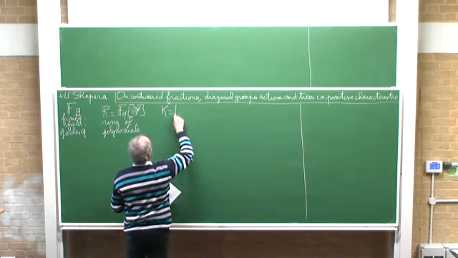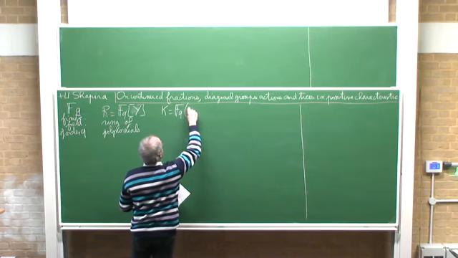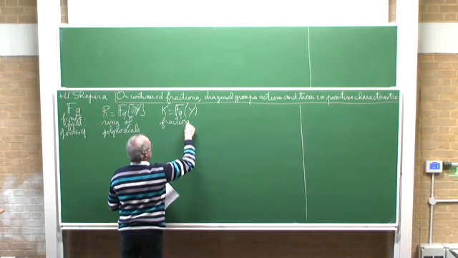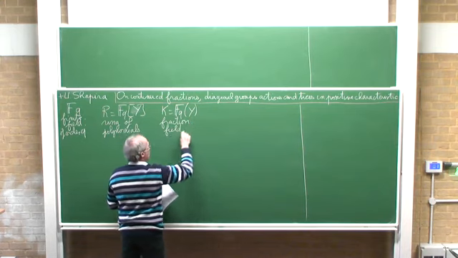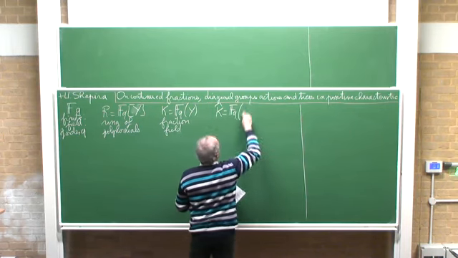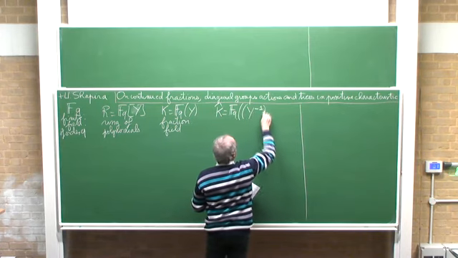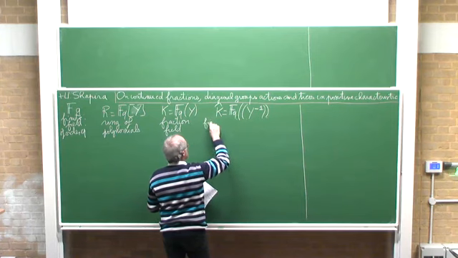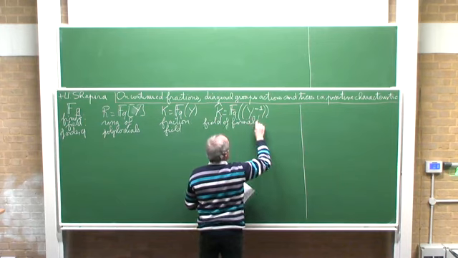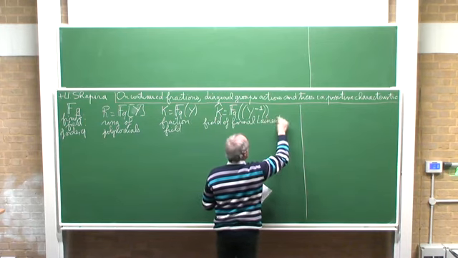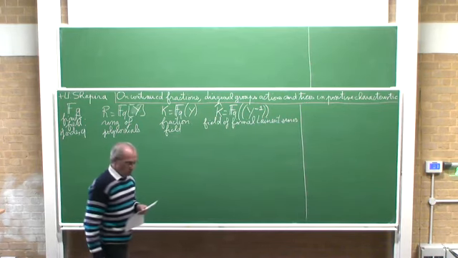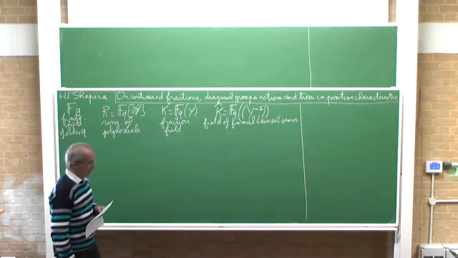K is going to be F_q(y), the field of rational fractions. And K hat is going to be F_q((y^-1)), the field of formal Laurent series in one variable y^-1 over the finite field F_q.